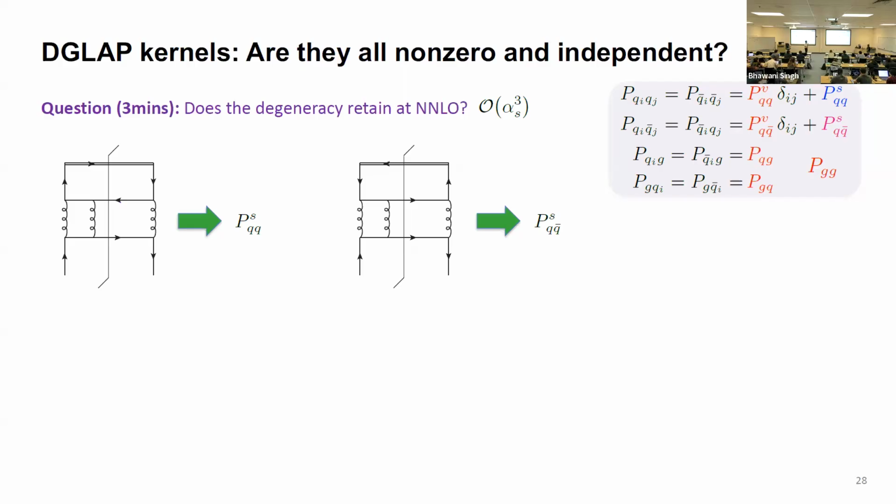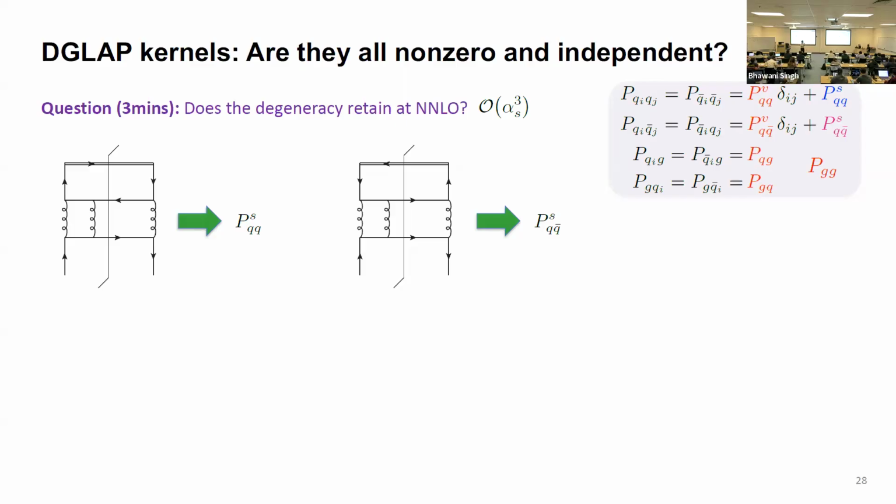This is next to leading order. The first diagram doesn't care about the flavor, whether the two quark flavors are the same, so it contributes to the C splitting of Q to Q. The other one, by reversing the upper fermion arrow, is from the C splitting of Q to Q bar.